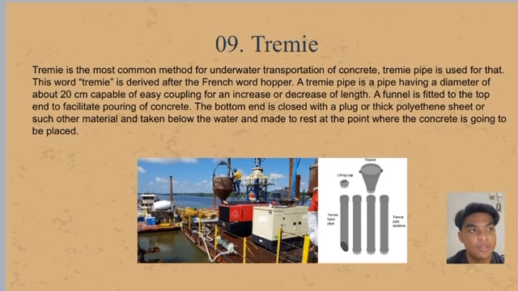A funnel is fitted to the top to facilitate pouring of concrete. The bottom end is closed with a plug or thick polyethylene sheet or such other material and taken below the water and made to rest at the point where the concrete is going to be placed.